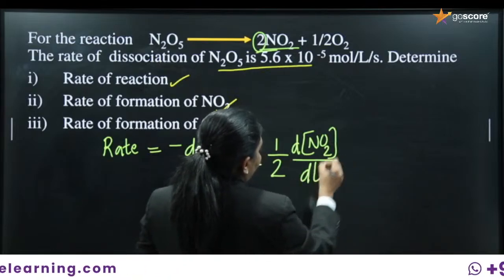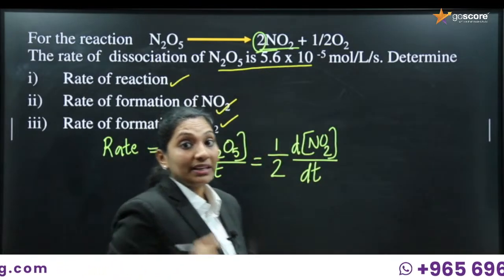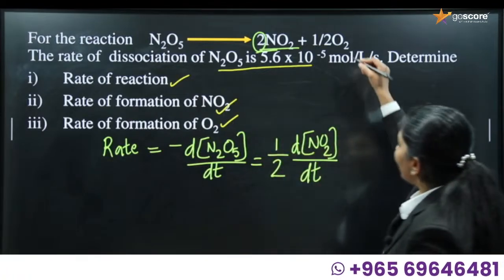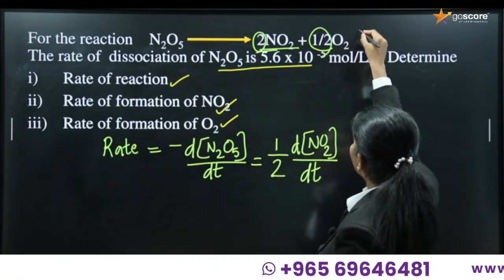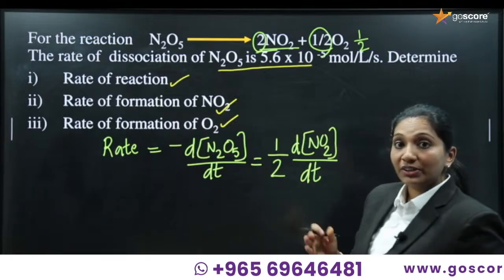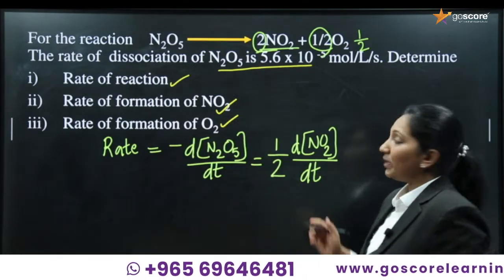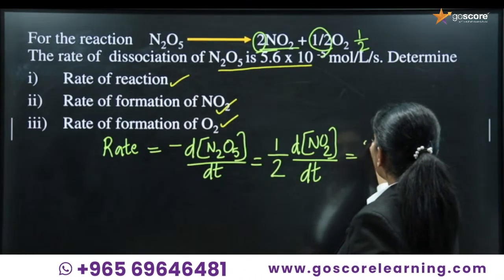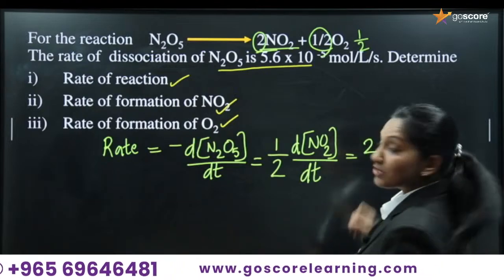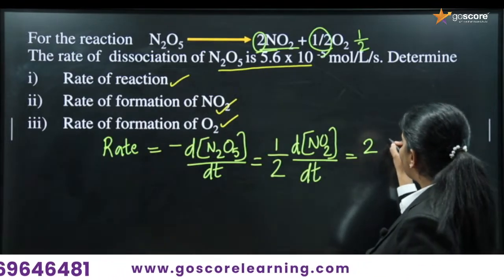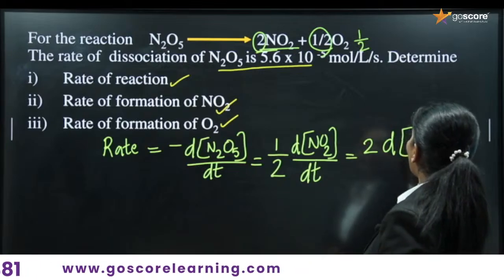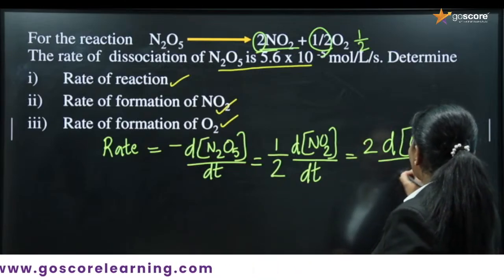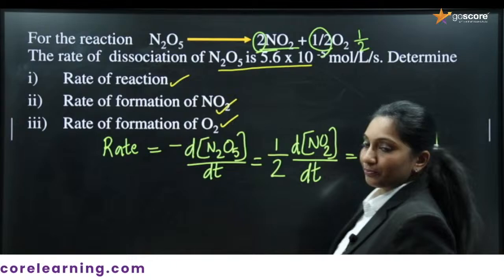Right. So what will it be in terms of oxygen? See, here the stoichiometric coefficient is 1 by 2. So when you take the reciprocal, it will be 2, right? So the rate of reaction in terms of oxygen will be 2 into d concentration of oxygen by dt.